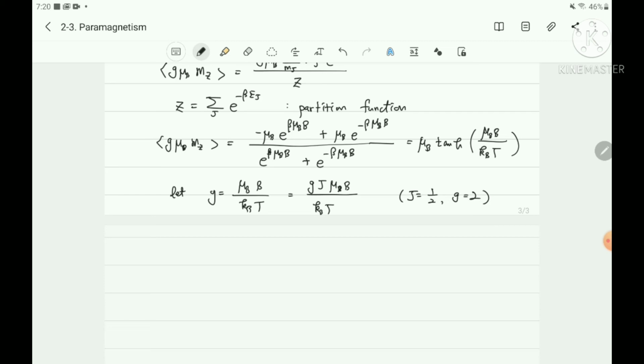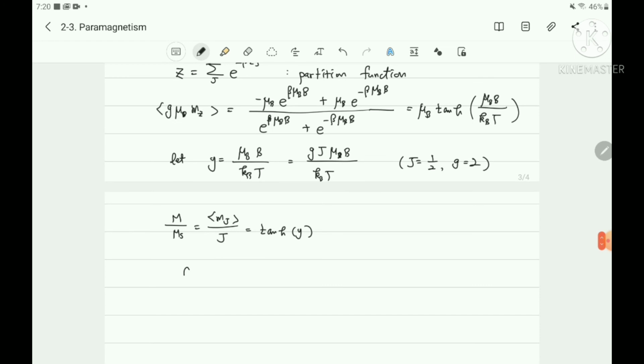Therefore, M over the saturation magnetization is mJ over J, and it is the hyperbolic tangent of y. For small y, meaning small magnetic field and high temperature, the hyperbolic tangent of y is close to y, which is mu B B over kBT.